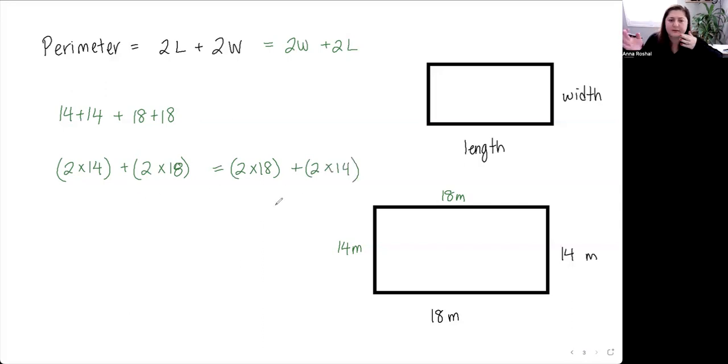We're just doing the math in a different order, right? And that's the same because we have the commutative property. Because we're still doing 2 times 18 and 2 times 14, and then we're adding them together, right? And so the commutative property says that we can add and multiply in different orders, and our answers will be the same exact answer.